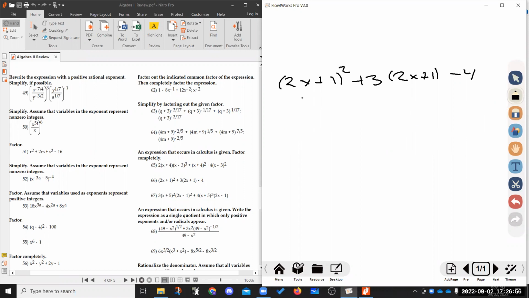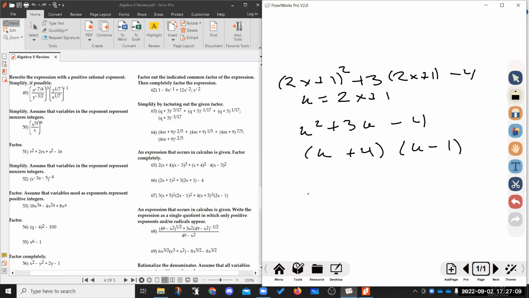This is u equals 2x plus 1. This is u squared plus 3u minus 4. This is (u+4)(u-1). This is 2x plus 1 plus 4. 2x plus 1 minus 1 is going to be 2x plus 5 and a 2x on the outside.